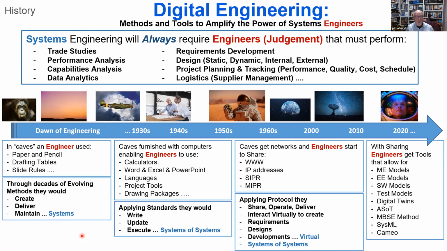Caves got furnished with computers, and that started to give engineers this capability. By the 60s and 70s, computers became something that were really helping things happen. By the early 80s, of course, we had personal computers, we had calculators by then, all of these tools that you see in the box in the second column there at the bottom.